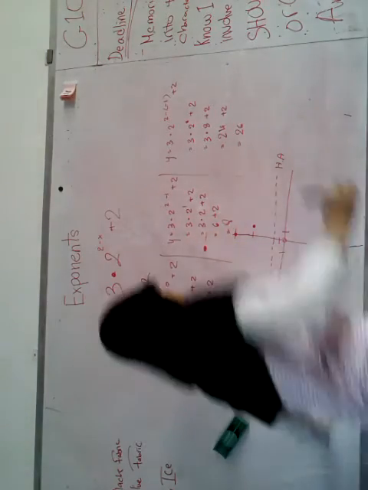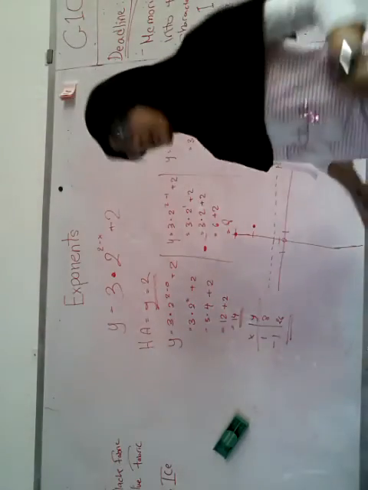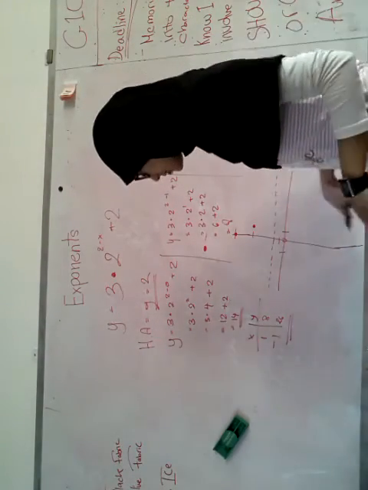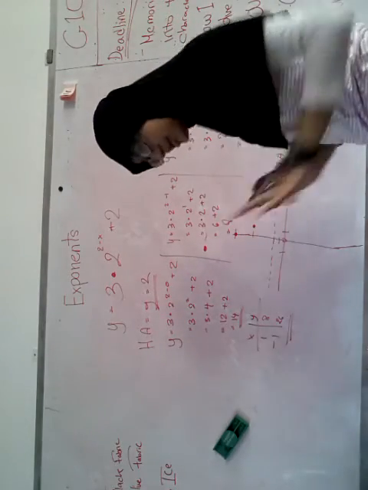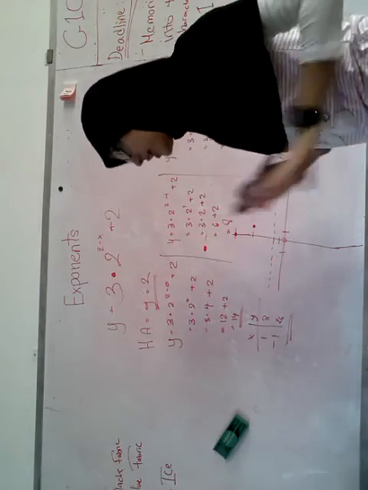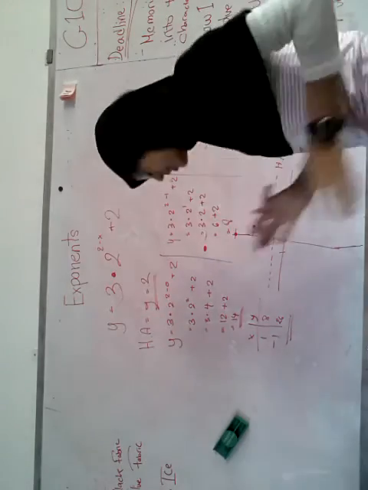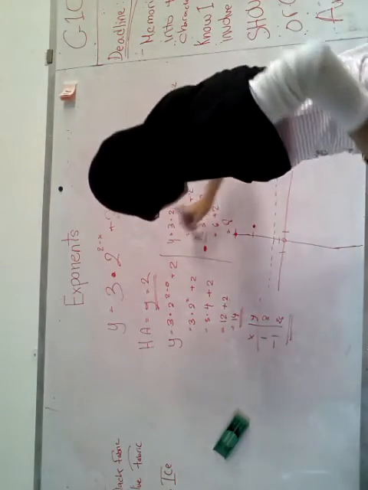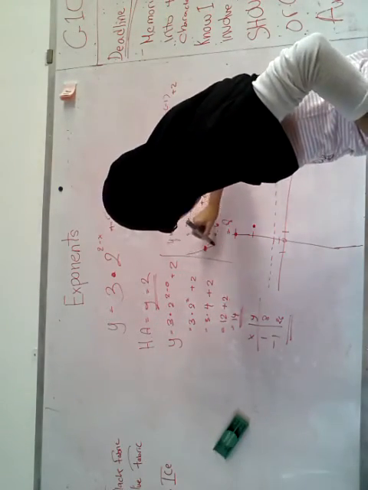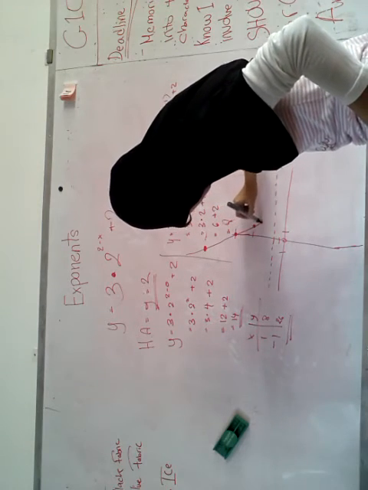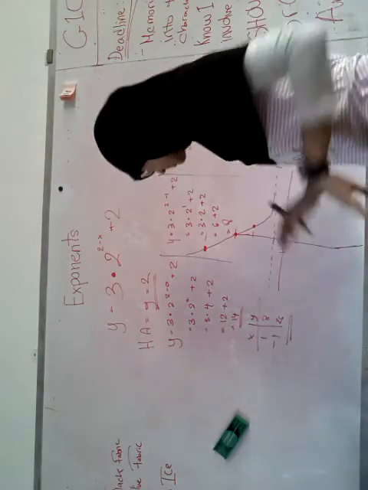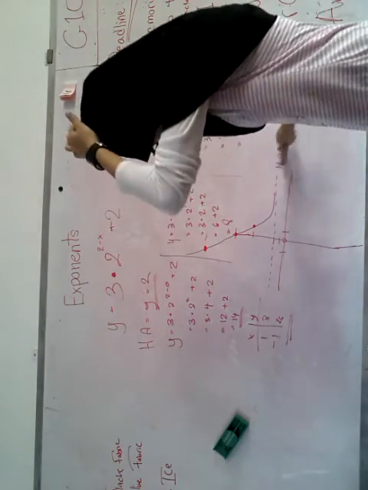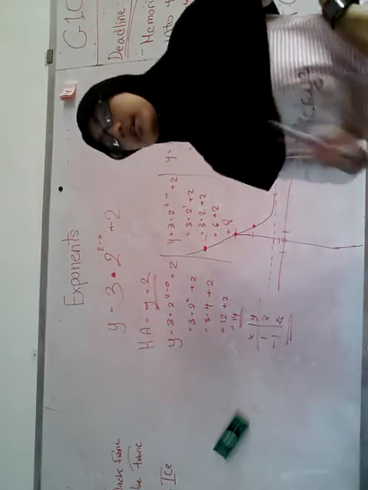So, like I said, our graph doesn't need to always be in one shape. I mean, it will be a curve, but it doesn't need to be perfect, and it doesn't need to be only in one direction. In this case, our graph is going to be like that. Like I said, it's always going to go very near to the horizontal asymptote, the main line, but it will never touch.